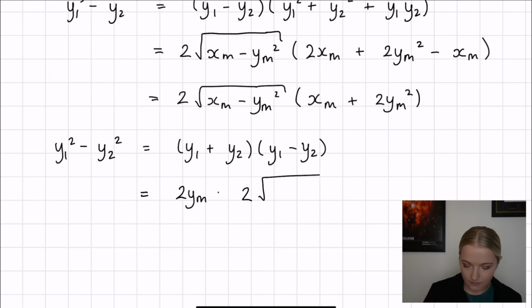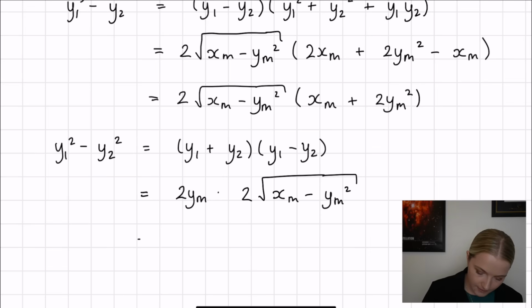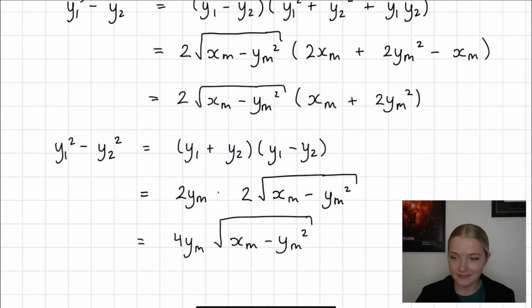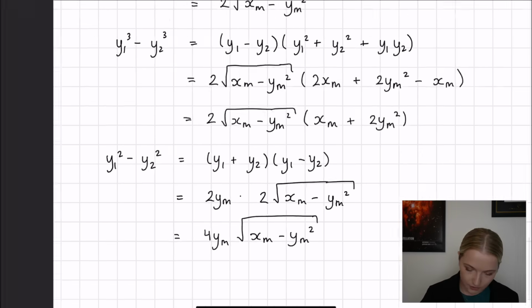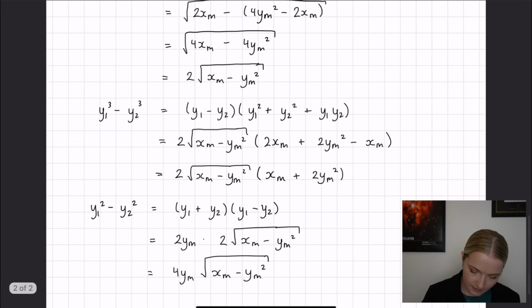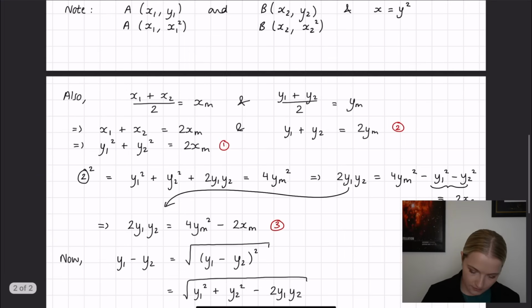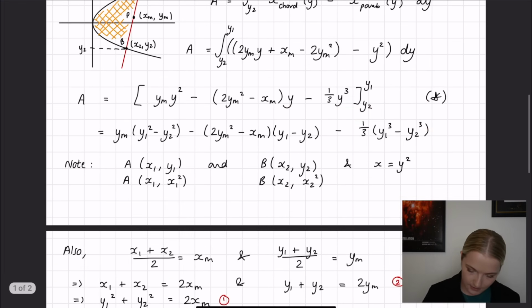It's 2 square root of xm minus ym squared, and this would give you 4ym over xm minus ym all squared. And now what that means is we can substitute each of these back into the expression, back into there.